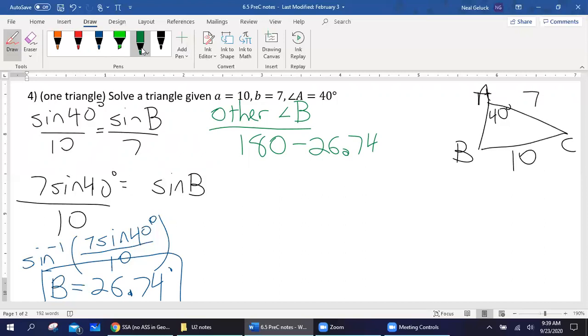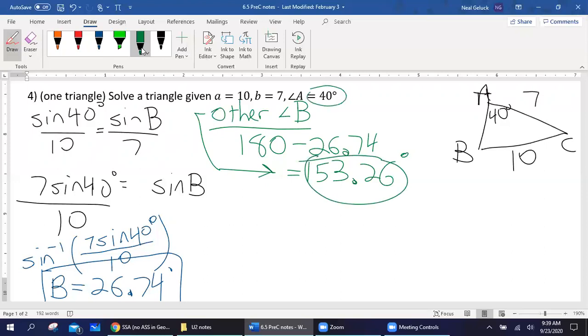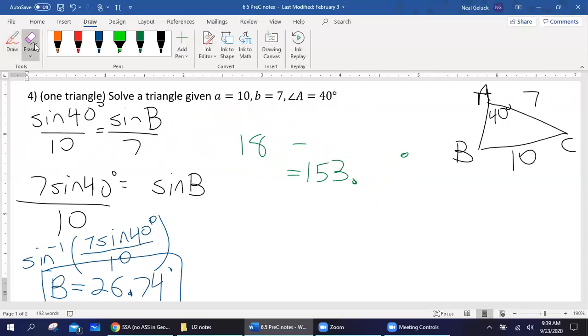If I do that, that gives me 153.26. Again, this is the other option for angle B. But within the context of the problem, that's impossible because 153 and the other angle that's set at 40 puts me over 180 degrees overall. I know that all three angles are supposed to add up to 180. I can't already be over 180. So that tells me the other angle B option does not work. So there's only one triangle.